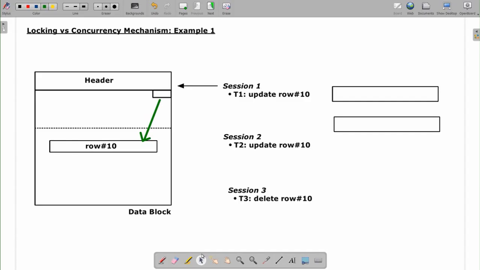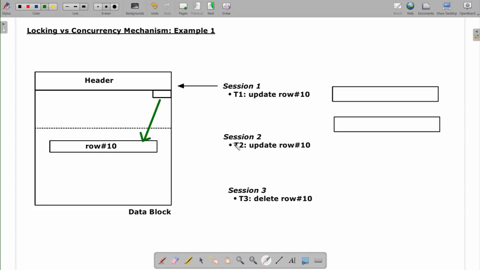So row 10 is being used by session 1 for DML. That information is saved in the data block header by going through a transaction slot. So allocate a small slot and then save the status of a row until the transaction is complete.